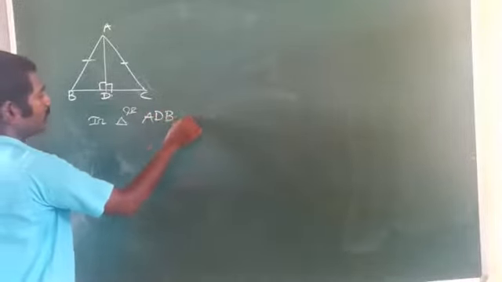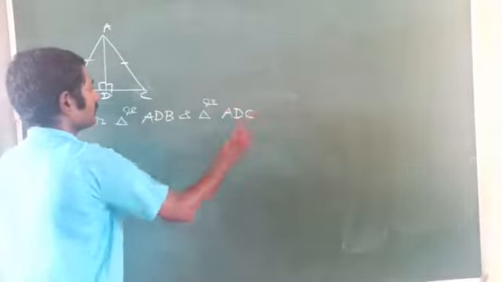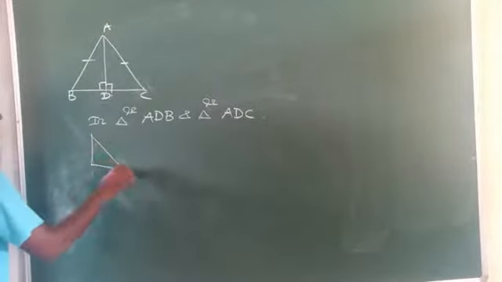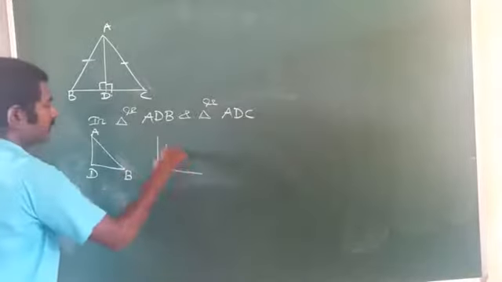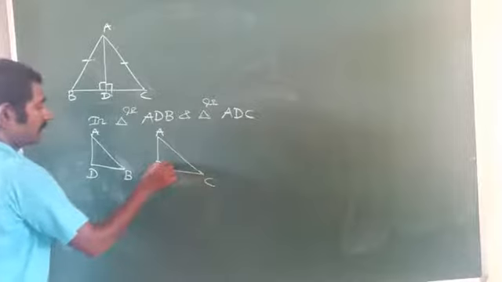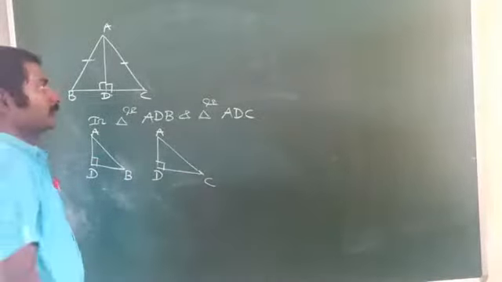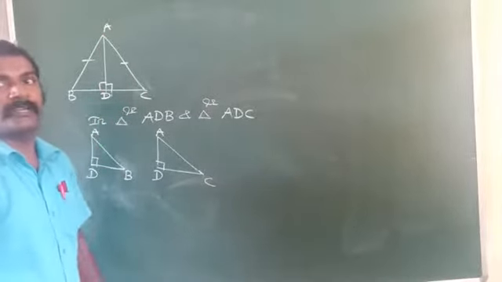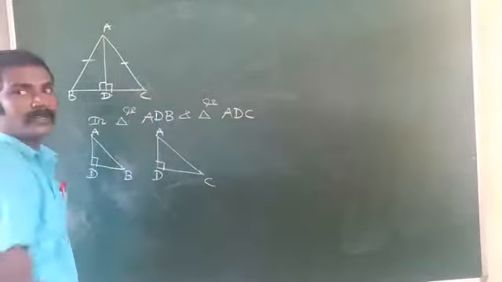In triangle ADB, it is angle ADB, and in triangle ADC, it is 90 degrees, it is also 90 degrees. Because it is given that AD is perpendicular to BC, that is, AD is an altitude of triangle ABC, therefore angle ADB is 90 and angle ADC is also 90 degrees.